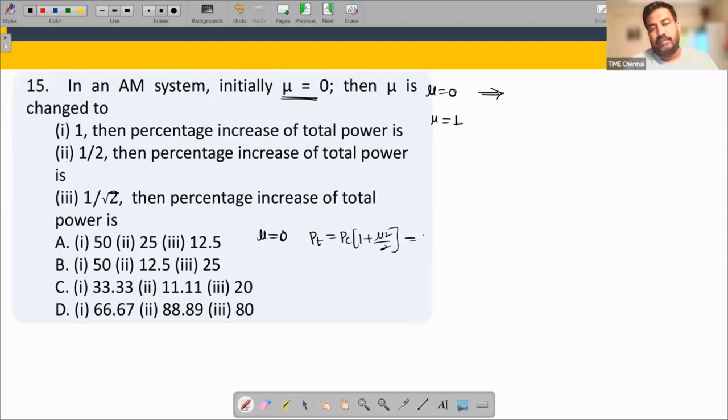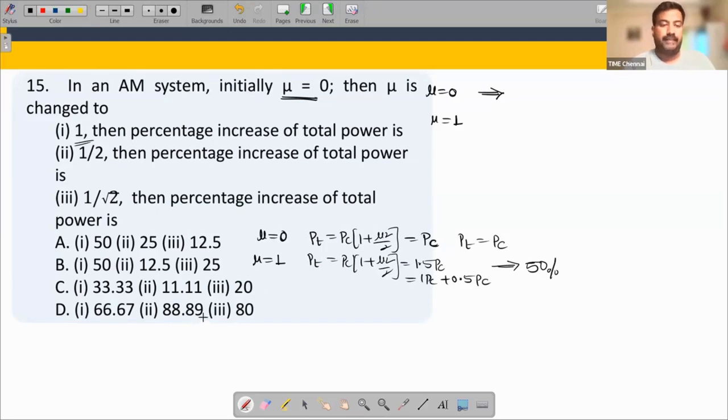When mu is 0, PT is equal to PC. Now, mu is changed from 0 to 1. PT is PC into 1 plus mu square by 2, that is 1.5 PC. So now it increased by 50%, because this is 1 PC plus 0.5 PC.